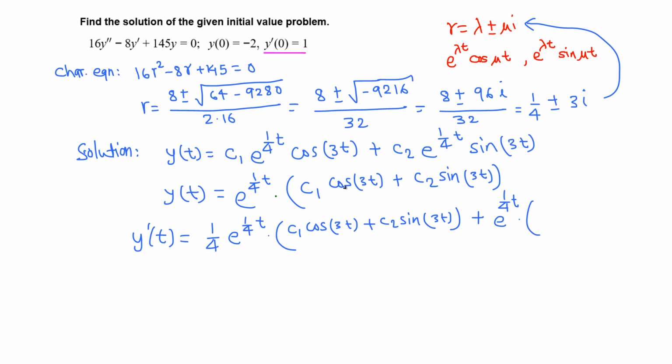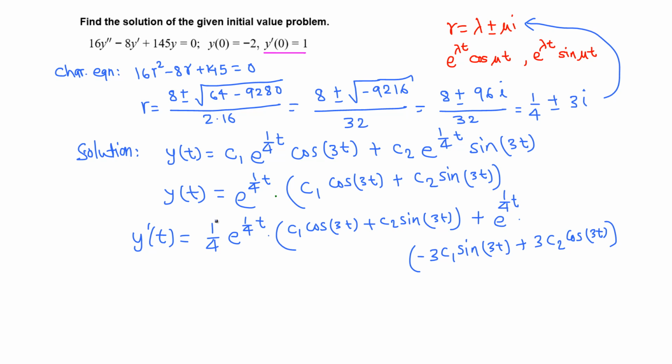Derivative of cosine is negative sine 3t times 3. So let me write over here, there is no room. So negative 3 C1 sine 3t plus derivative of sine is cosine, so 3 C2 cosine 3t.